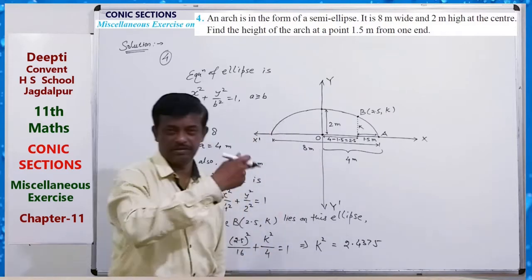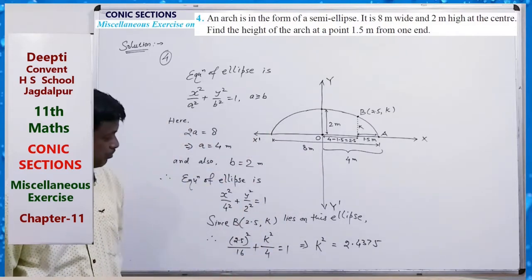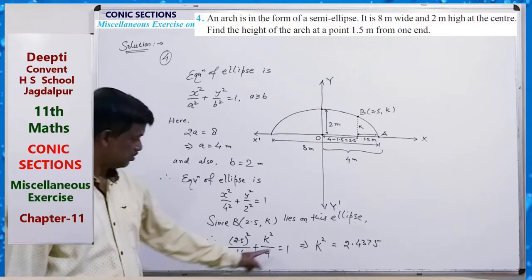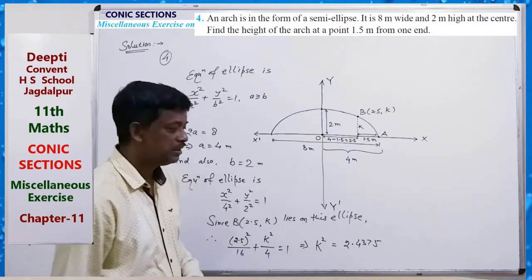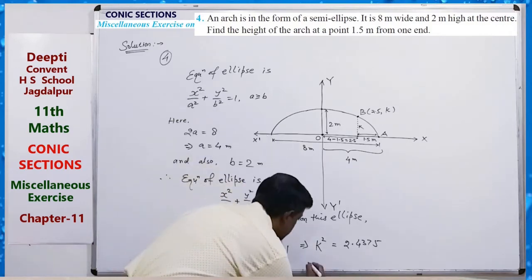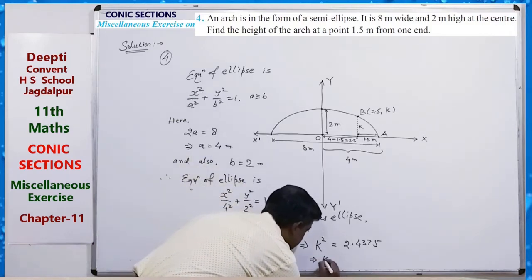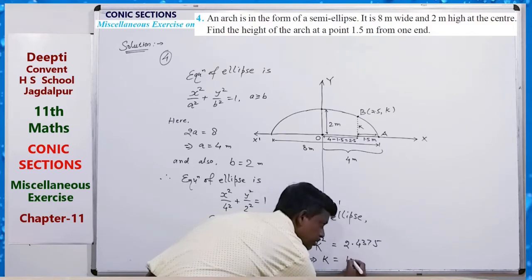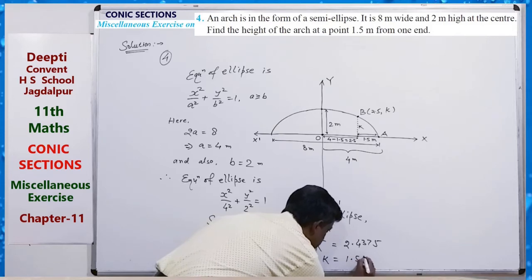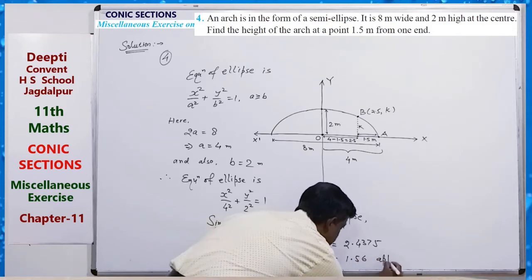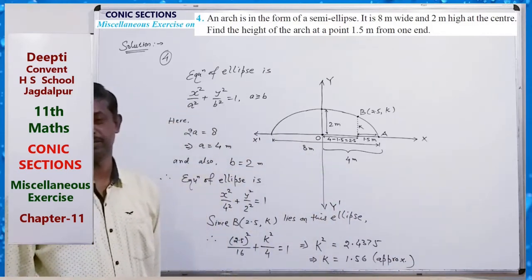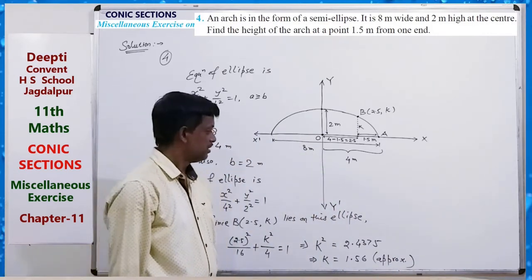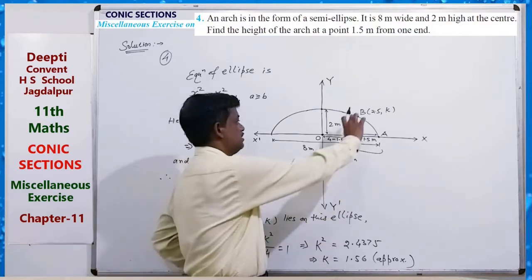Just you have to solve it. From here we can see that k equals to 1.56 approximately. Okay? k equals to, that is this.